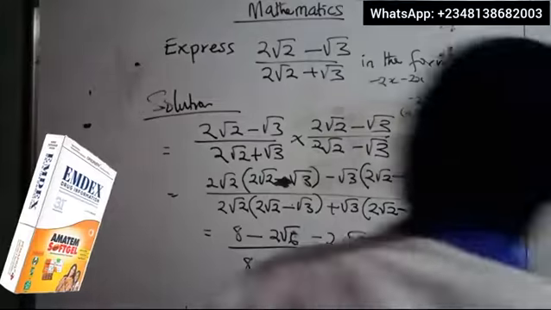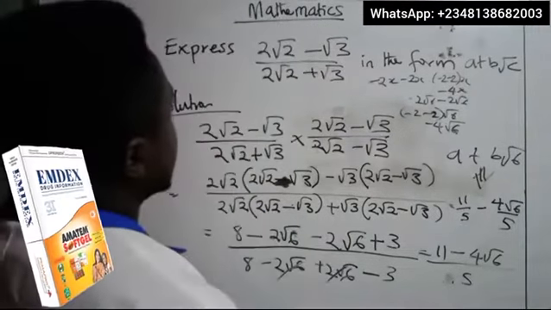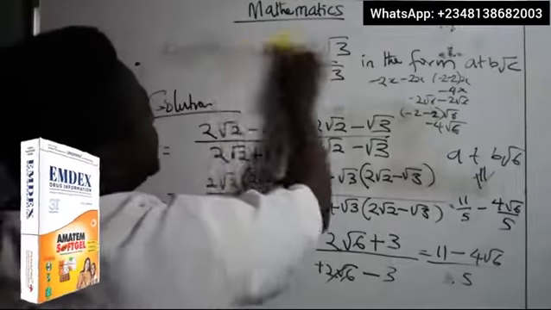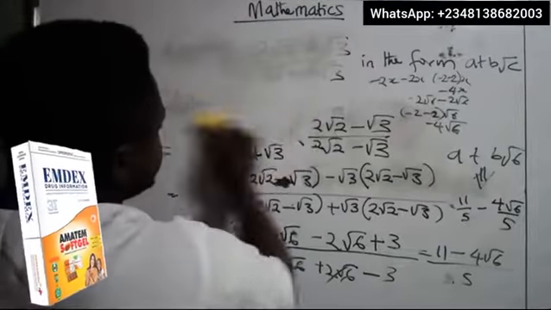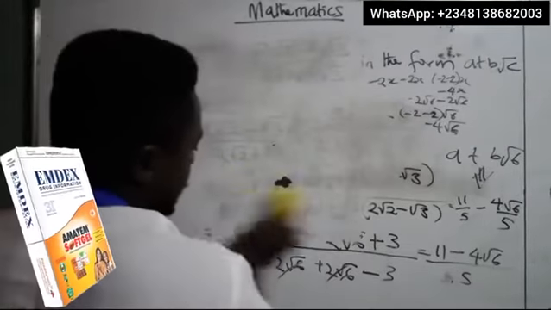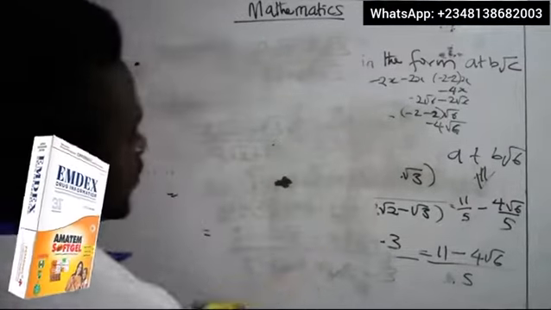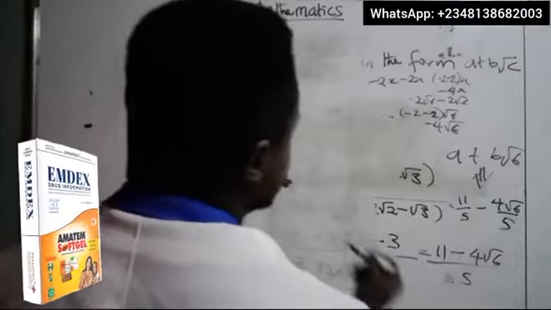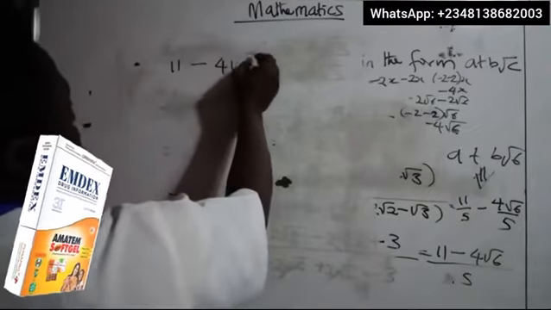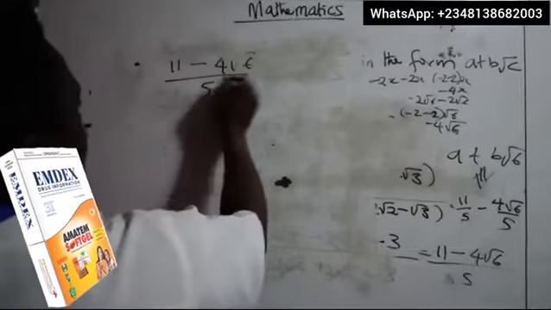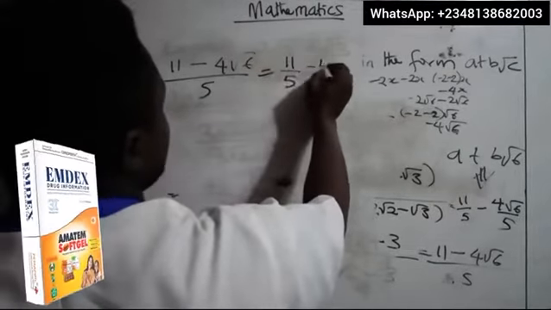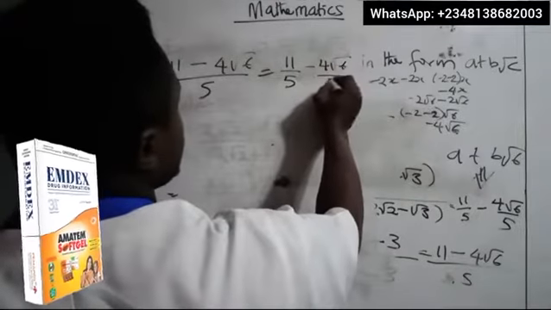Let me clean the board properly so I can express it better. Now, we arrived at this point: 11 minus 4 root 6 over what? 5, which is now saying 11 over 5 minus 4 root 6 over 5.